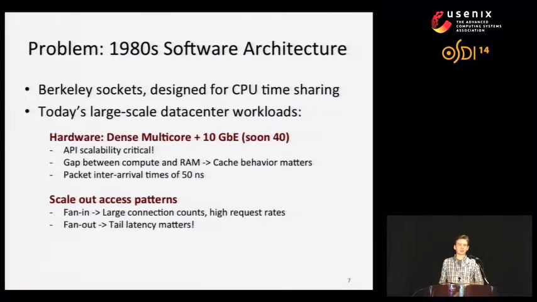So we need extremely scalable APIs in a multi-core sense. There's a rising gap between compute performance and the memory access latency. And so what this means is that we need really good cache behavior if we're going to get good performance. And packet inter-arrival times, even with 10 gigabit Ethernet, could be as low as 50 nanoseconds. So this is much lower than even the time it would take to service an interrupt.